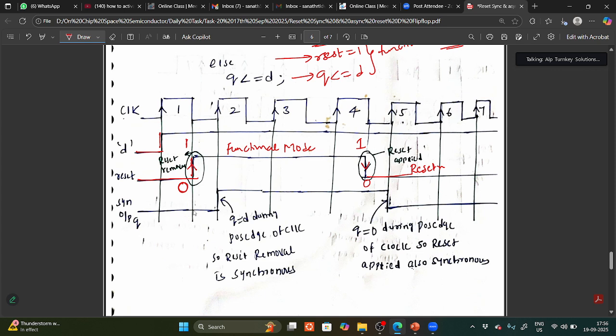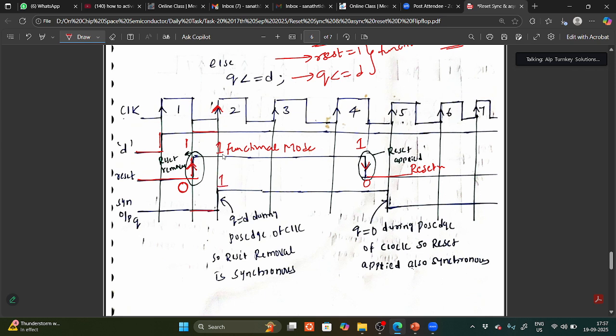What happens here? Synchronous means whenever I apply the reset, or whenever it goes into functional mode, the output is not immediately following the D input. The output should follow the D input, but when does it follow? Only during the passage of the clock. Here D is 1 and the output is 1.